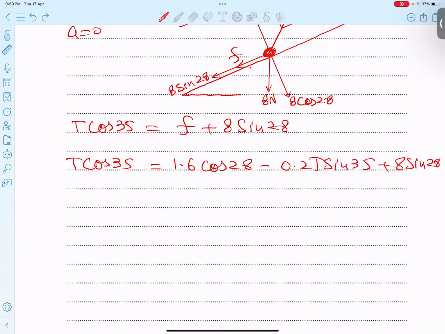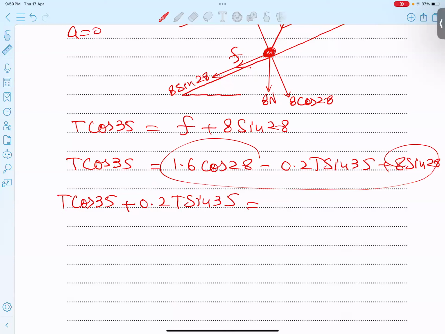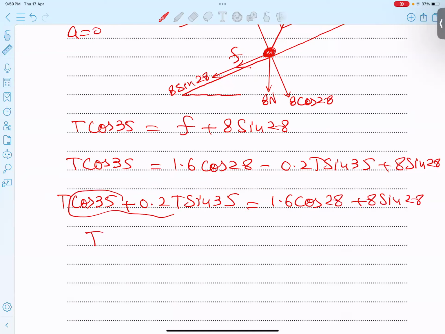So I will write it here now: T cos 35 plus 0.2 T sine 35. And the other two values, I'm just typing in the calculator, or I'm keeping them as they are because I'm keeping the accuracy level high. Okay, now T common out, and this value and this will go down. I'm doing it in one step so you can understand easily.